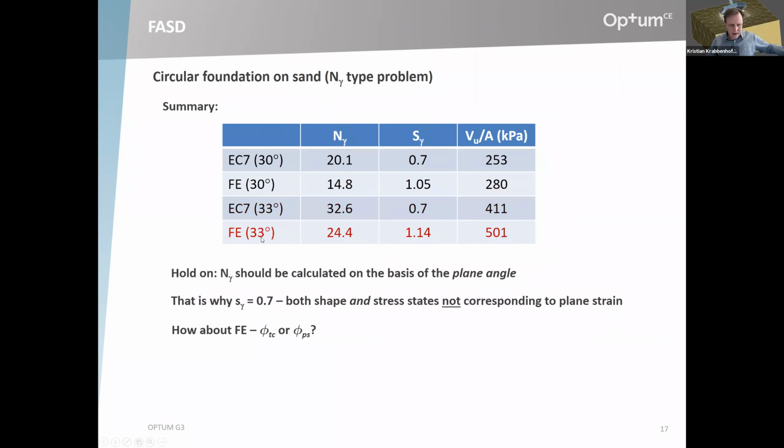If you use the plane strain angle of 33, well, then you get this number here, 501. So we have four results that are not too unreasonable, and they differ by a factor of 2. So picking the right angle and doing things in the right way seems to be not completely insignificant. And that's what this new FASD model, friction angle stress dependency SAND model, addresses.